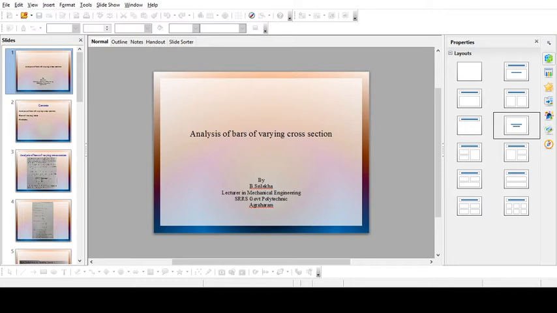In the last few classes, we have been discussing how to solve the problems on simple stresses and strains, and also how to solve the problems for the given data of a tensile test.